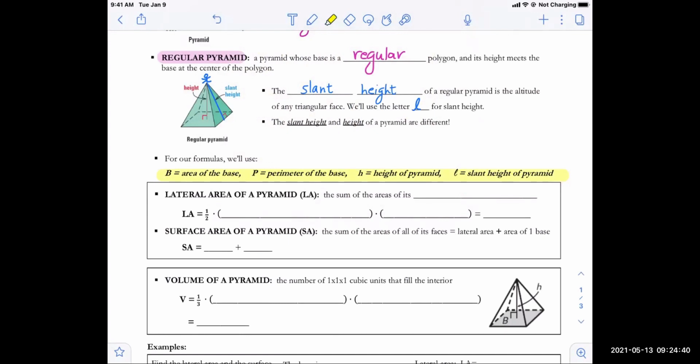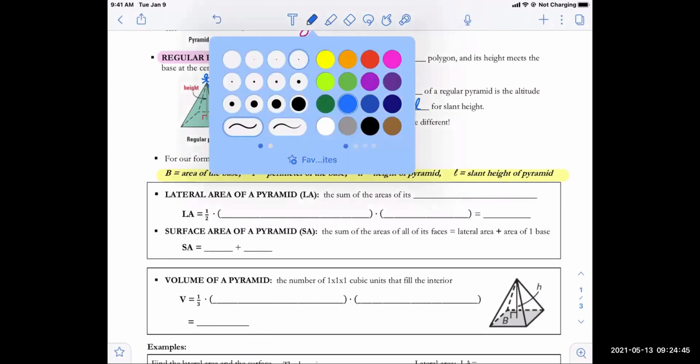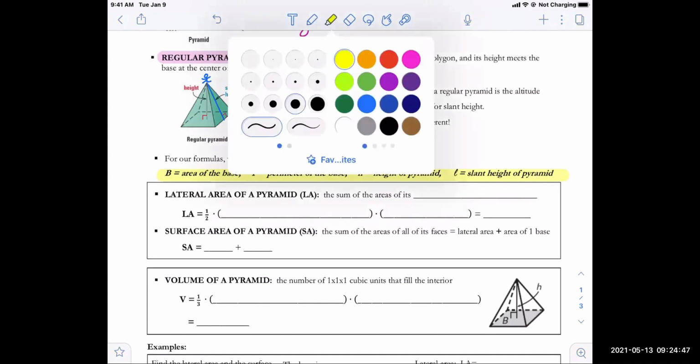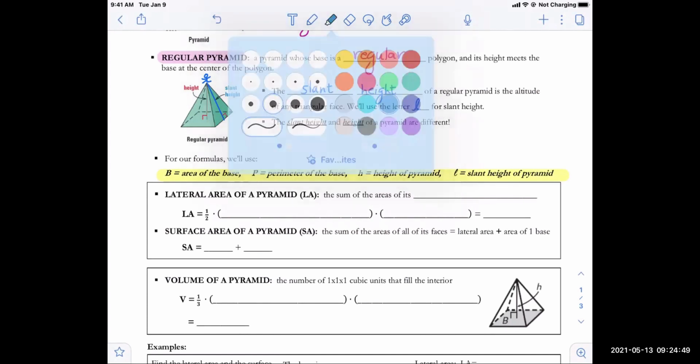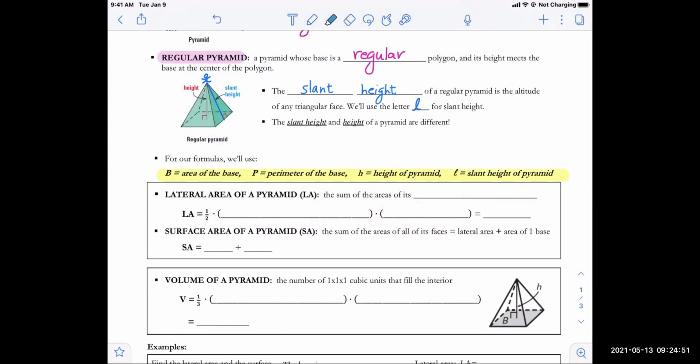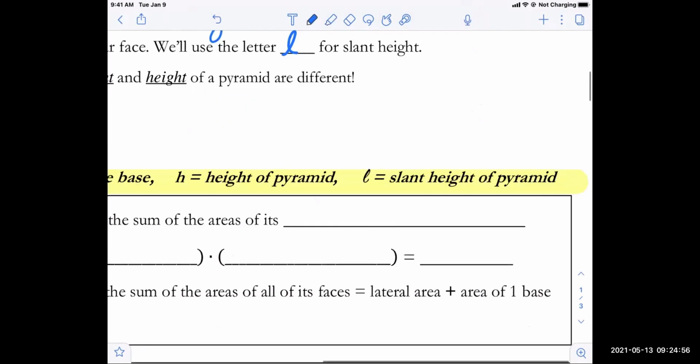Now, lateral area: the lateral faces are all triangles now. So when you do lateral area, you're going to be adding up the sum of the areas of its lateral faces, which are always triangles.